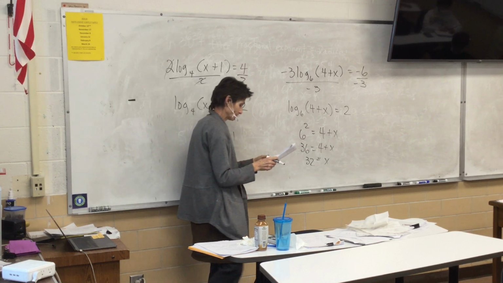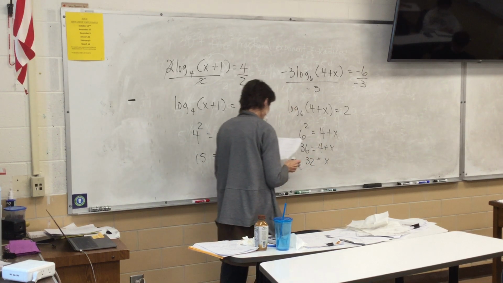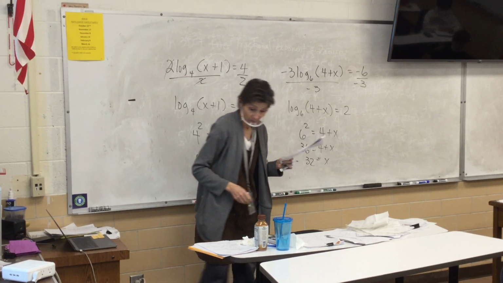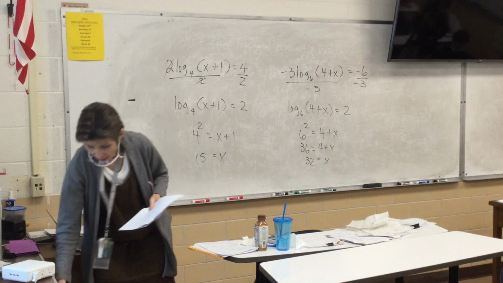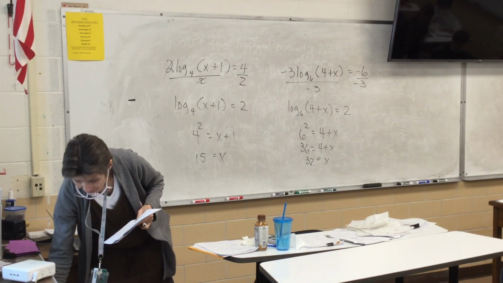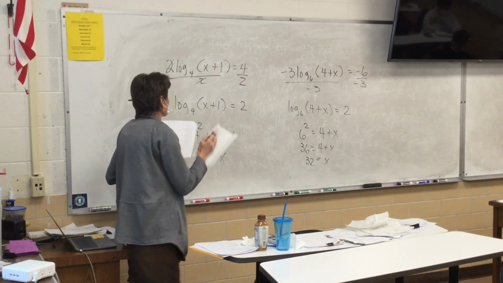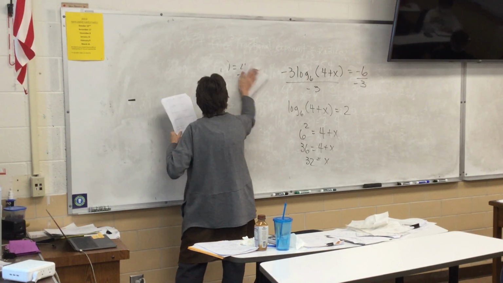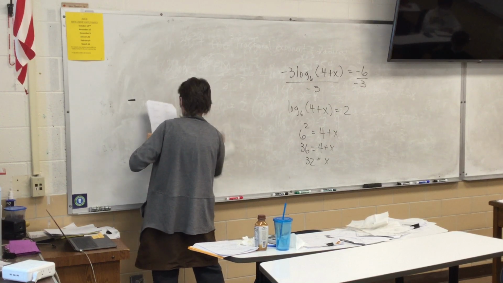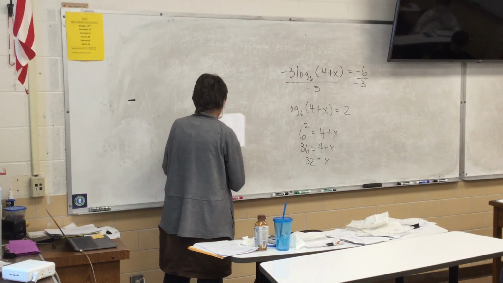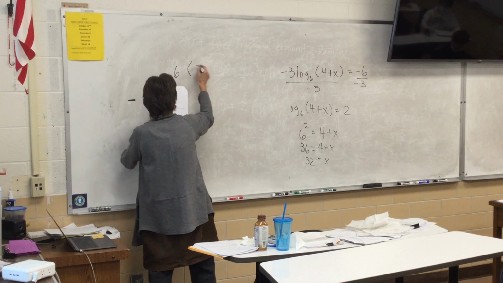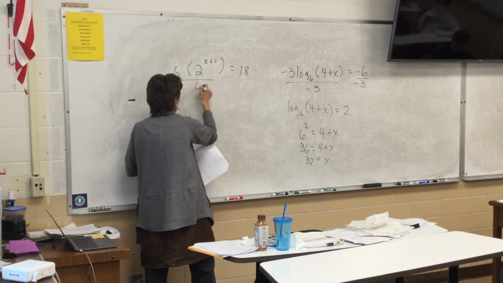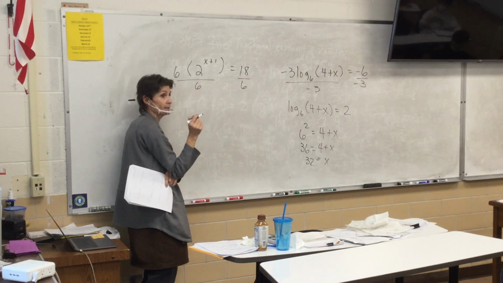Now, when I look at this next set of problems, they look an awful lot like the ones I looked at before. The difference is, this time, when I divide by 6, which will be my first step always, right?